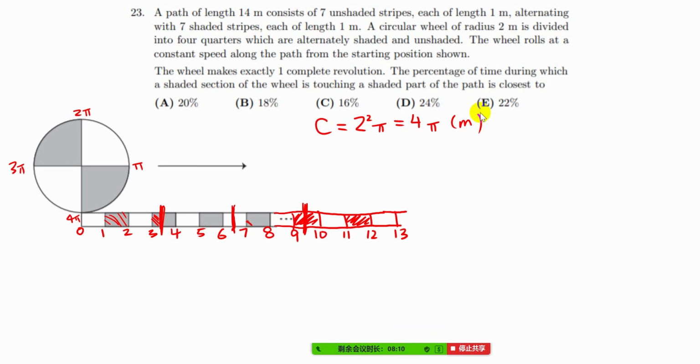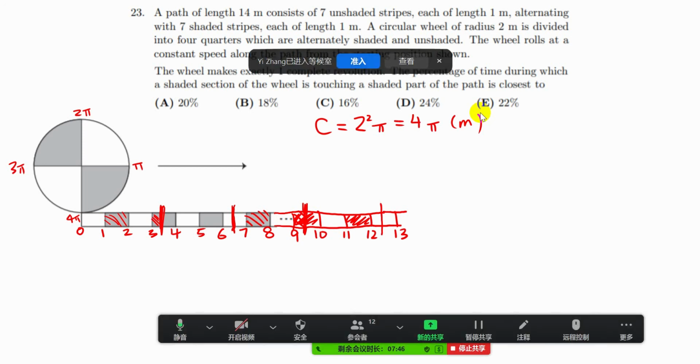So we have to count from 7 to 8 and between 9 and 3 pi. And then lastly, the wheel rolls from 3 pi to 4 pi, and we know that 4 pi is in between 12 and 13, so it stops somewhere around here. And that is the whole revolution, which is one complete circle.